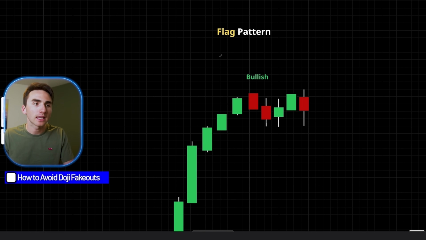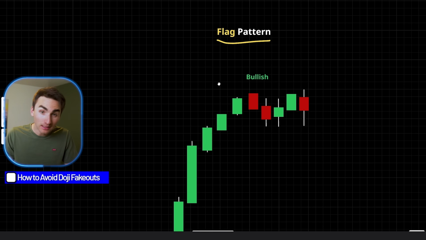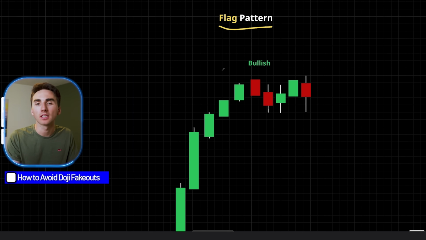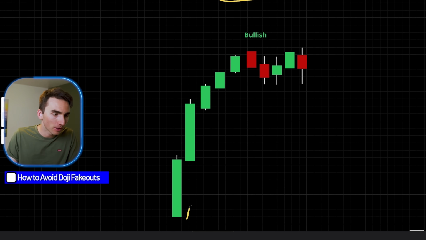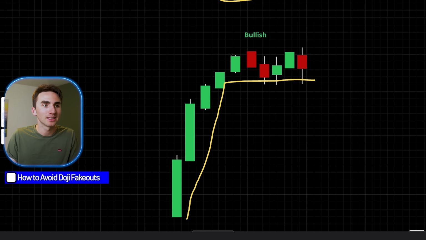Now we can start to get into some larger patterns, and a flag pattern is a key pattern that will help us understand how to read dojis. How this pattern works is it's a continuation pattern. The idea is the market moves up and goes sideways. It essentially creates a flag.